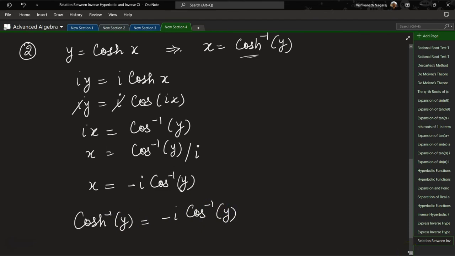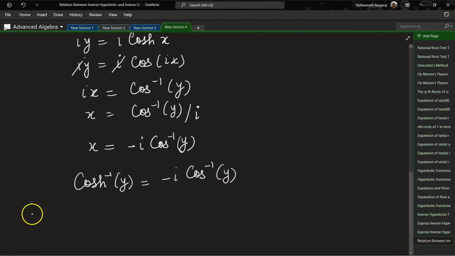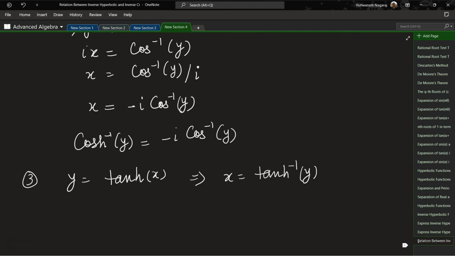Now let's look at the third one. Third one is y is equal to hyperbolic tan of x, which means we can write this as x is equal to hyperbolic tan inverse of y. Now, let's multiply both sides by i. We get iy is equal to i hyperbolic tan of x.